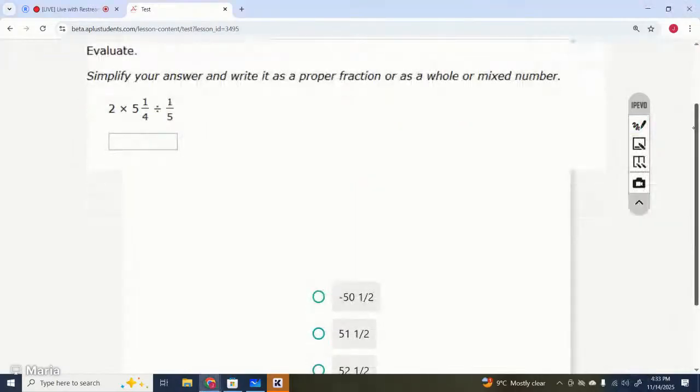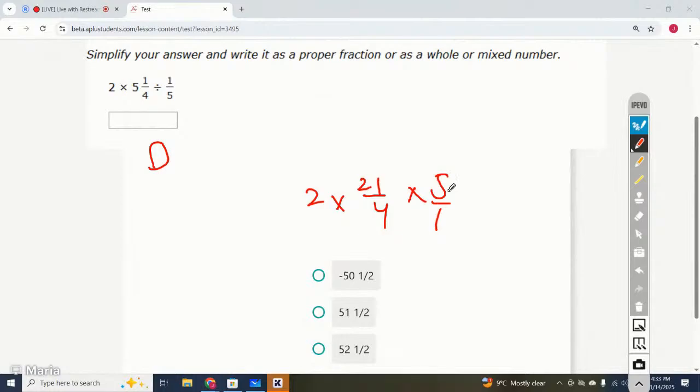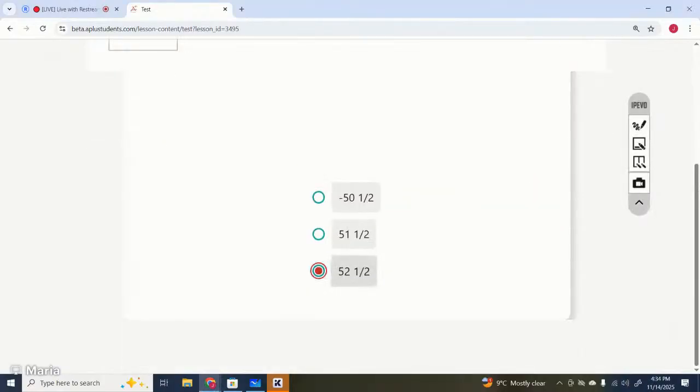Five times two is 10, and 5 times 1 is 5. So 52 whole 1 by 2 it is.